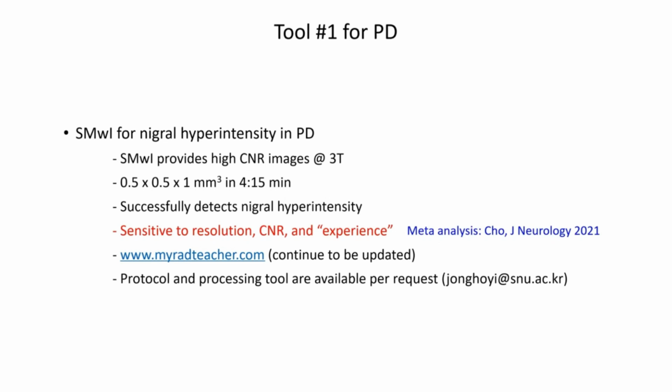It gives you the high CNR that is necessary for the detection in the patient. And also the scan takes about 4 minutes, slightly longer than that. And now we are doing this deep learning reconstruction so that we can reduce the scan time to less than 3 minutes. And it seems that the method works and will be presented at the upcoming ISMRM.